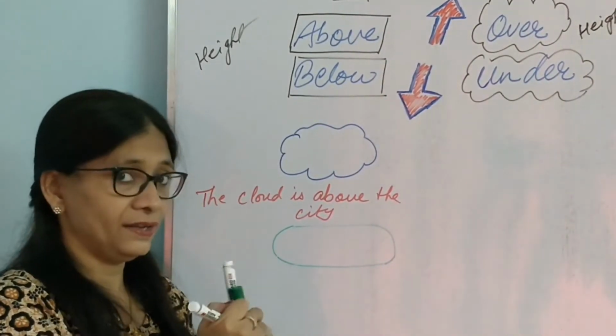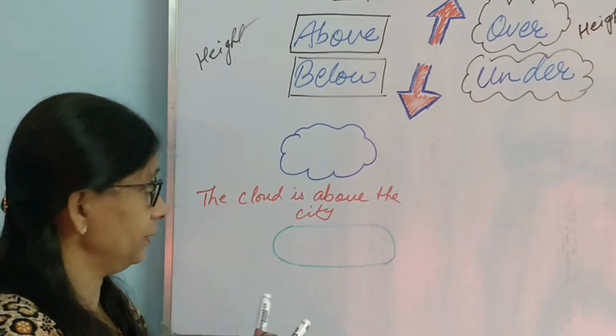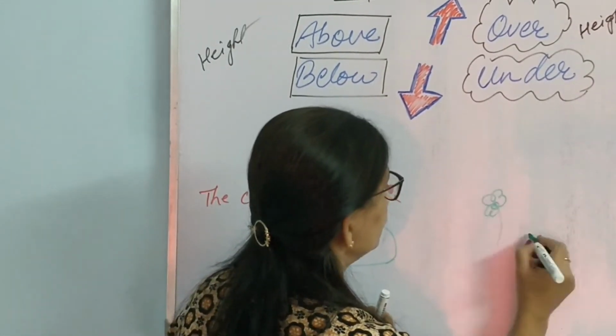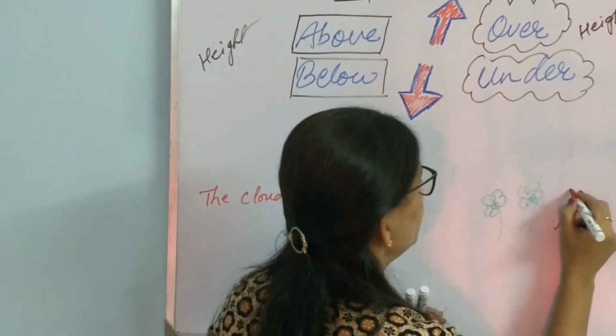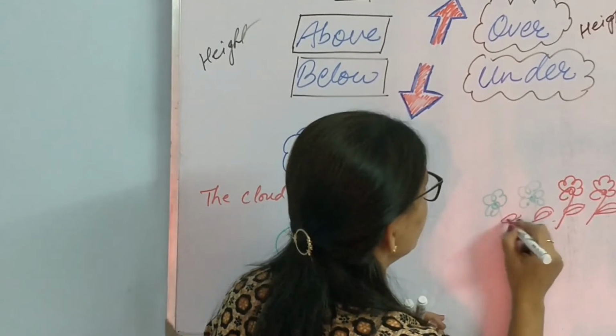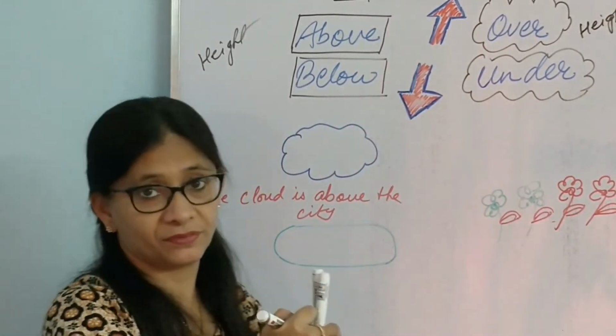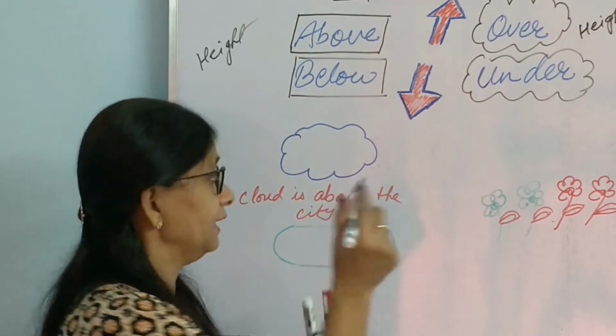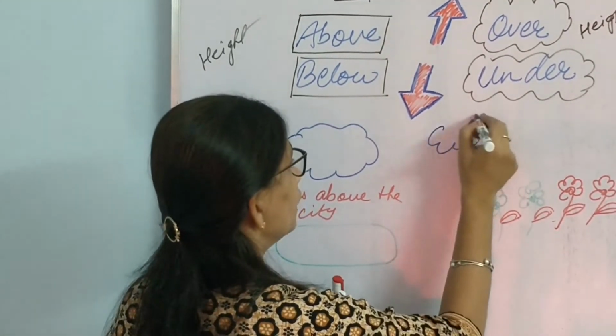Now let us visualize yet another situation. This time let me draw a flower garden. So this is a flower garden, and this is a cloud. Again a cloud.